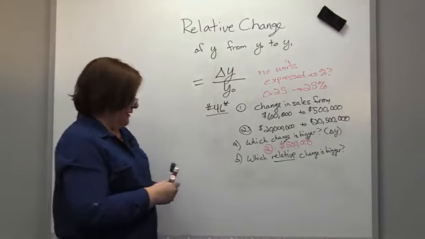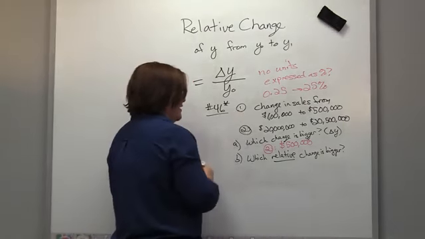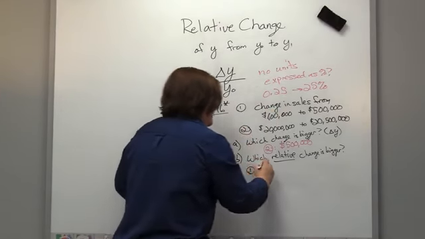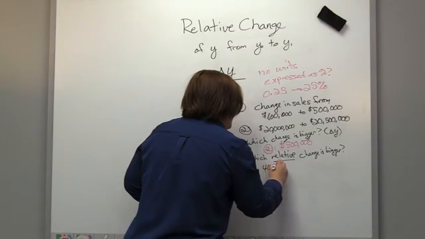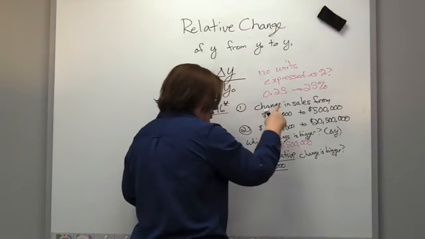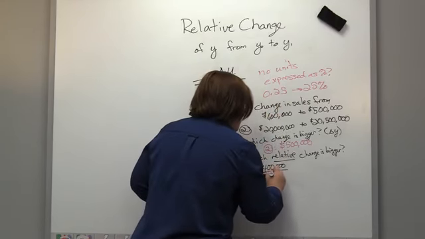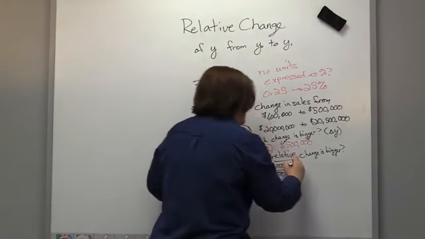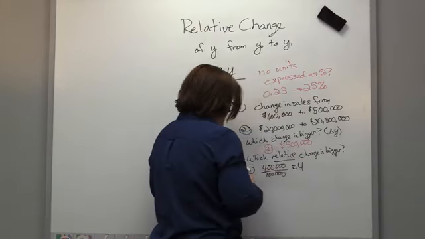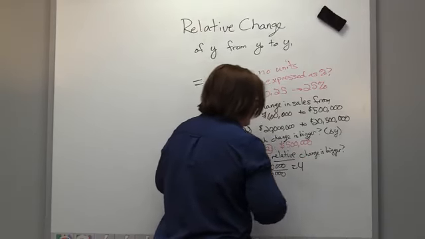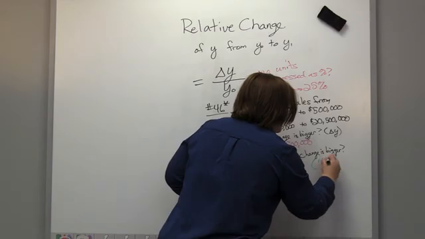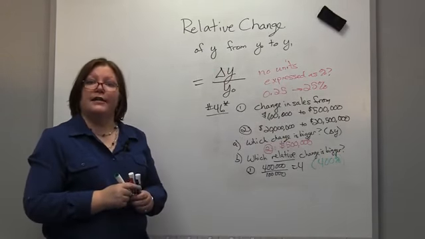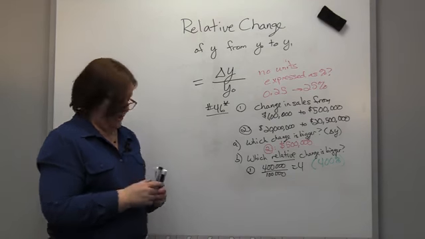If you calculate the relative change in situation 1, you get 400,000 as the change in y over 100,000, our starting point, for a change of 4, which you might express as 400% change. It's a pretty big change.